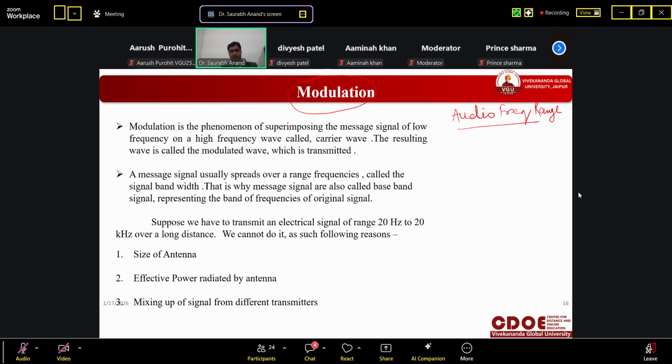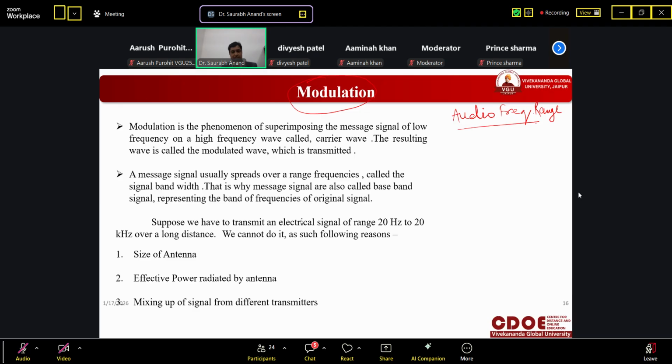Do you know what the audio frequency range is? Audio frequency means the frequency that our ear can hear. So this is known as audio frequency.